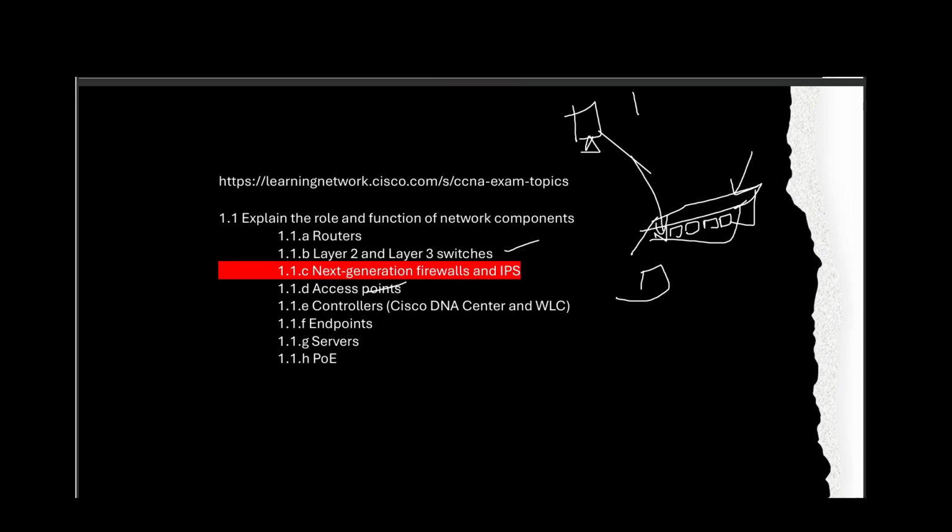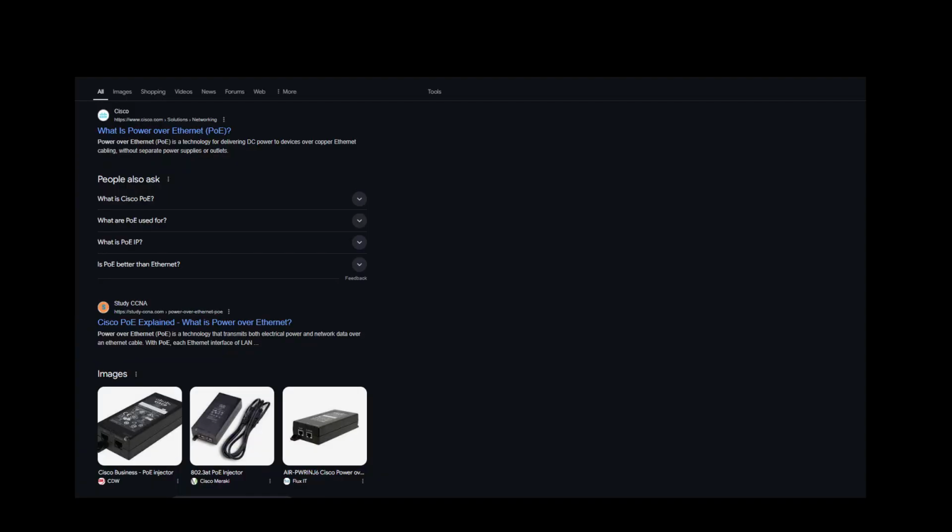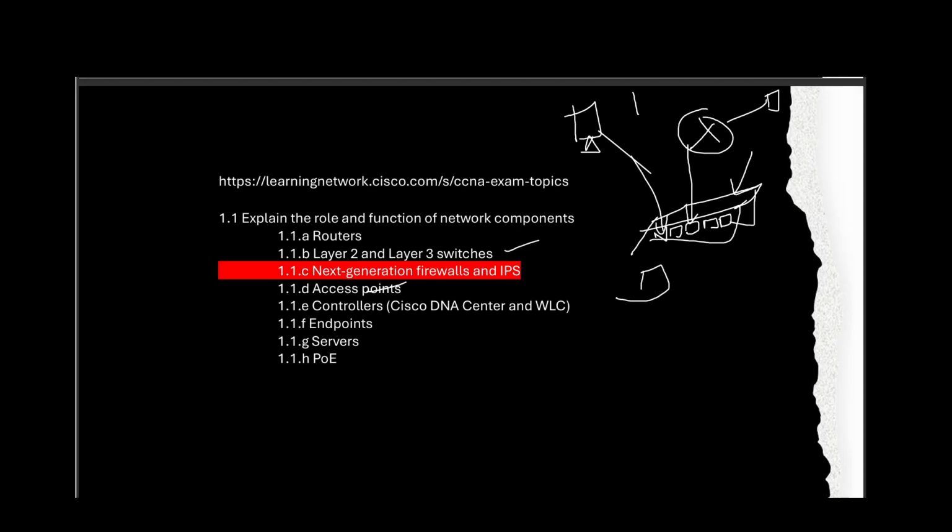For example, on the switch you connect an access point, and on that access point you would have to plug it into a certain outlet. With PoE, based on the definition, it's a technology delivering DC power to devices over copper Ethernet. So it's still the same as what I've studied before. Meaning you don't have to use the power outlet, you just connect the Ethernet cabling, and it will be able to power up that device.